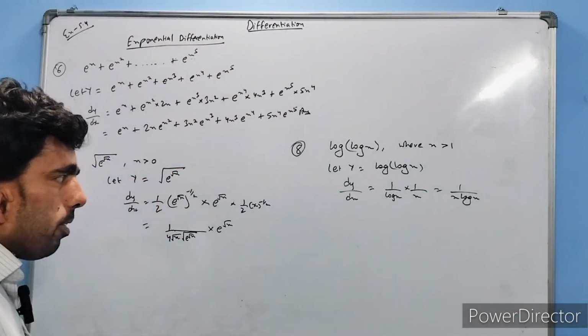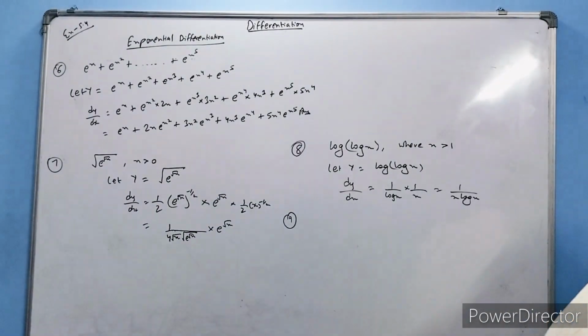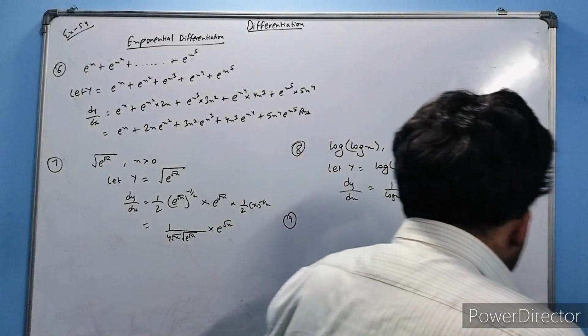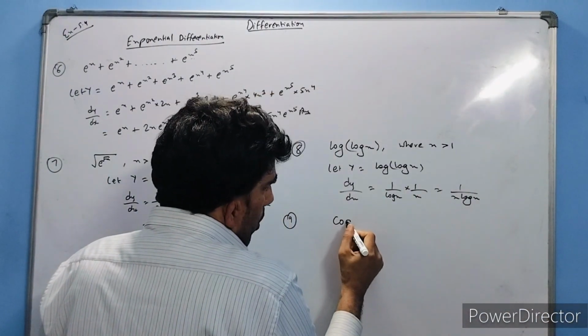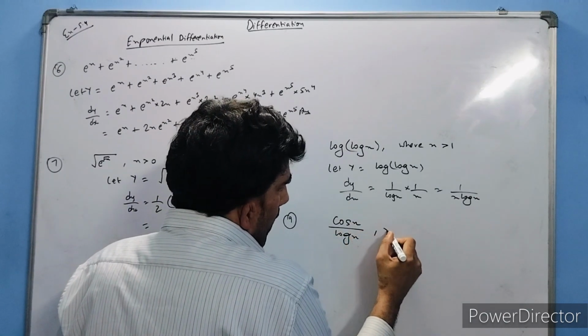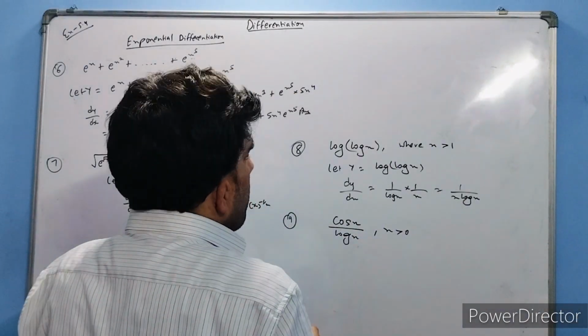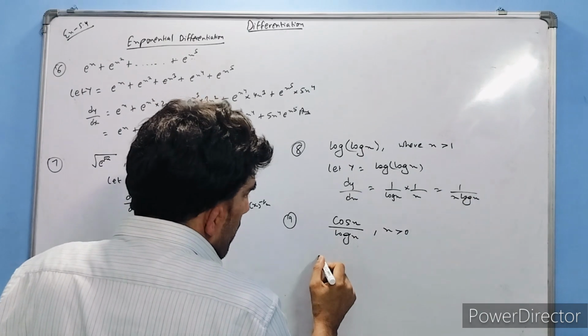Okay, next we have the 9th question, that is cos x upon log x, where x is greater than 0. So how will we try to differentiate this function?